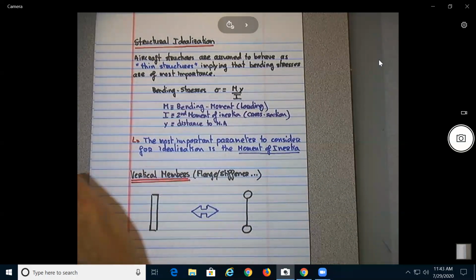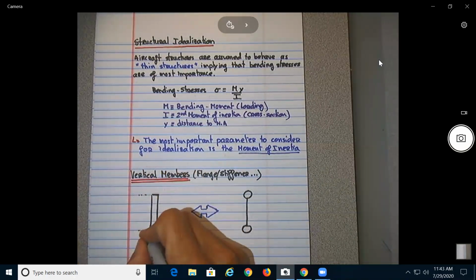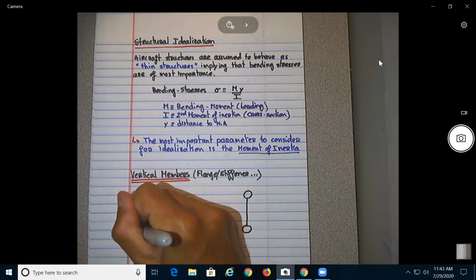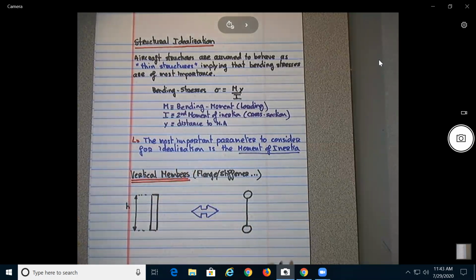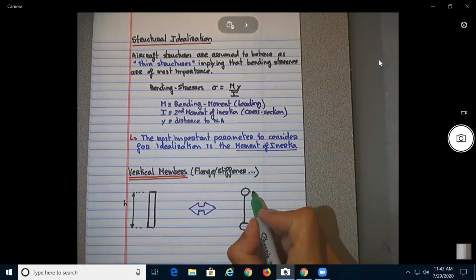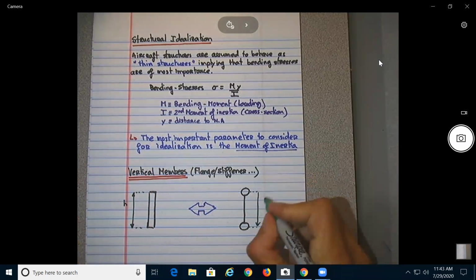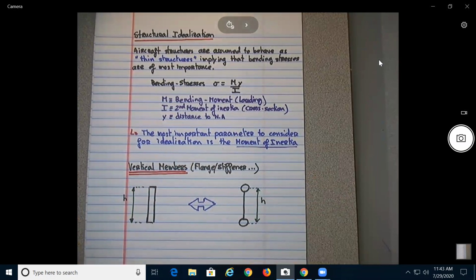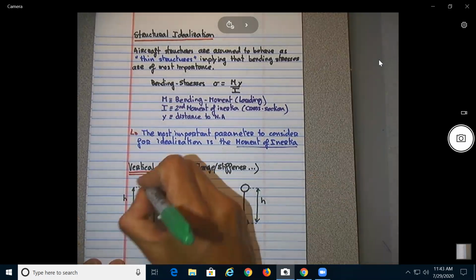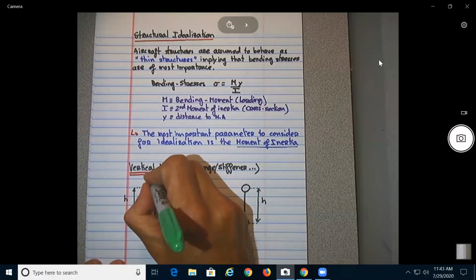So let's say over here that the height of our vertical member is h. So obviously that's something that we want to keep in our idealized member. We want to keep the h, okay? And now let's call here the width of the member b.